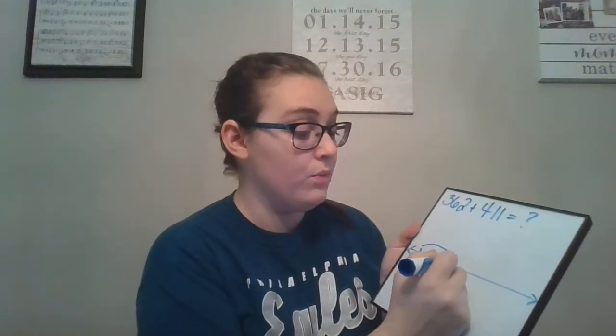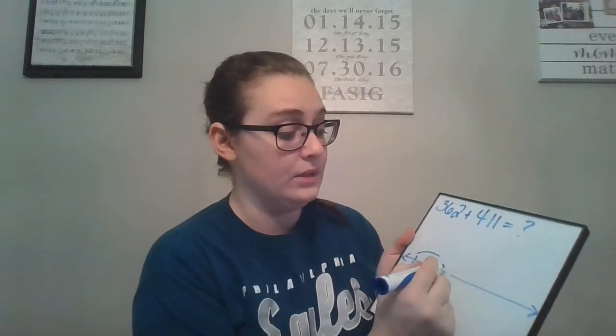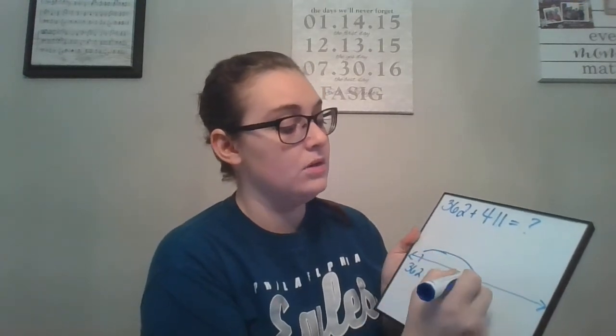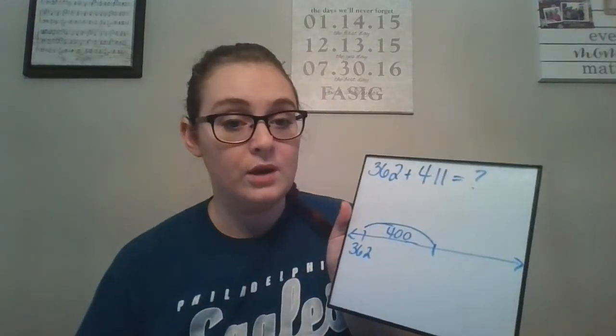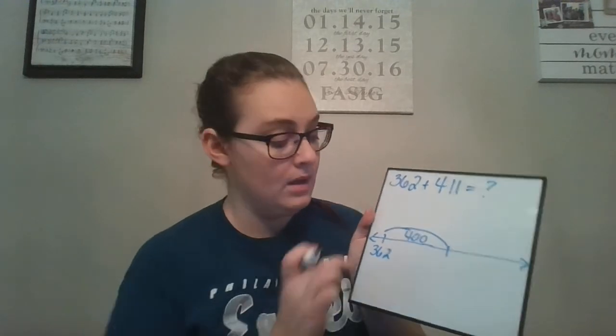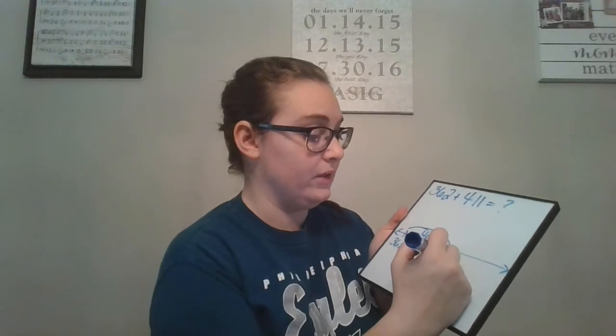But I know what 362 plus 400 is, so I'm going to just do it that way. But you can break it apart even smaller if you need to. So I know I'm jumping 400, 362 plus 400, I know, is 762.